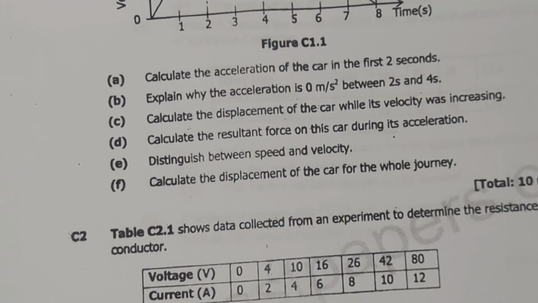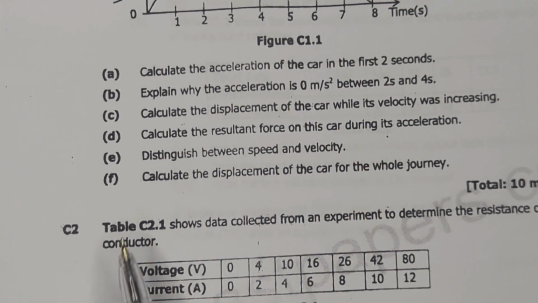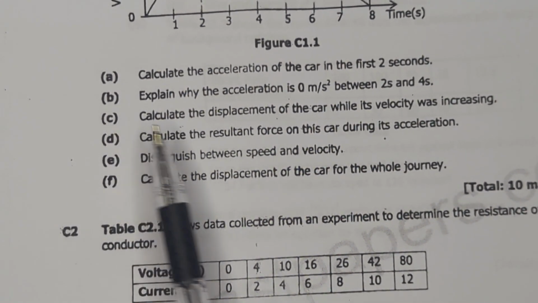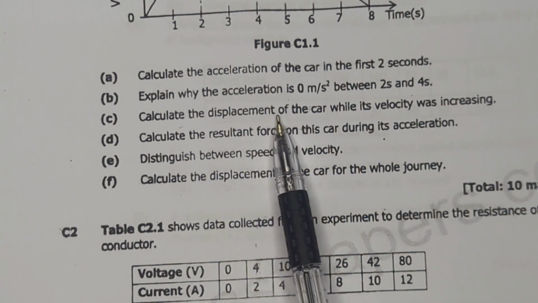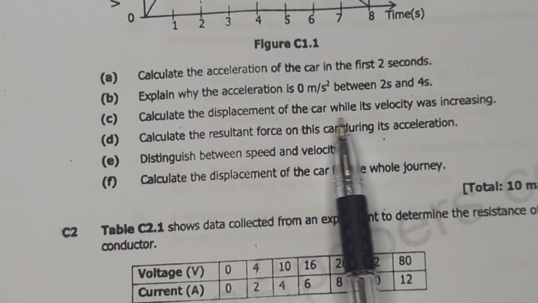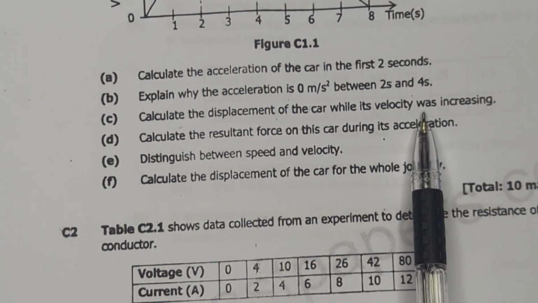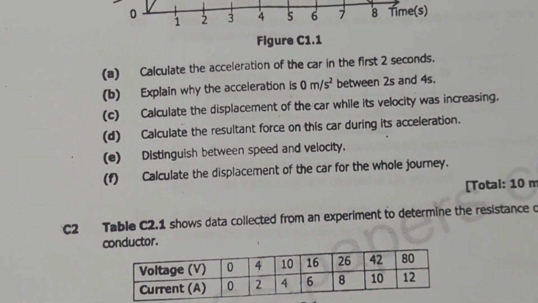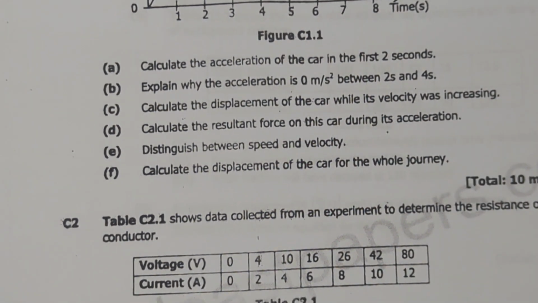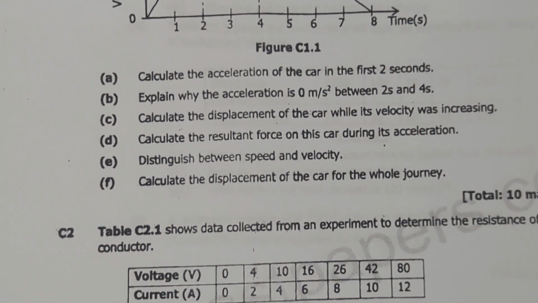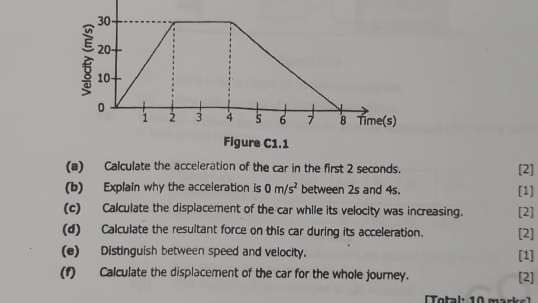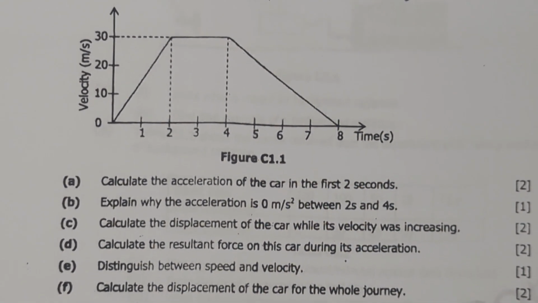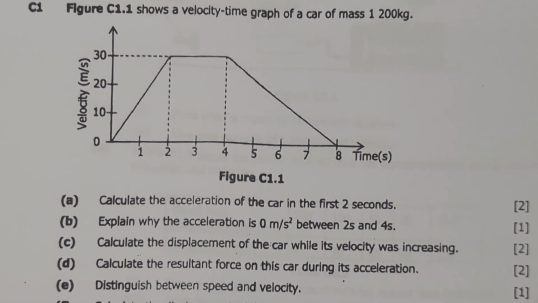So the other question here, question C, they are saying calculate the displacement of the car while its velocity was increasing. So displacement is the distance. They're saying we calculate the distance when the velocity of the car was increasing.